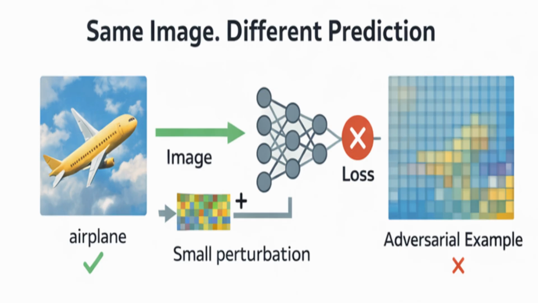Really, all you have to do is change the model's input slightly so that it increases the loss. And what you can eventually have is an image that looks similar enough to a human to where this might even get past some sort of human verification, but to the model, it's a completely different object.